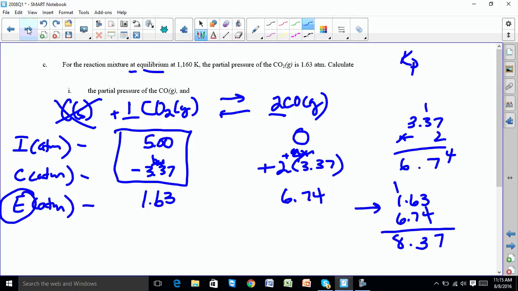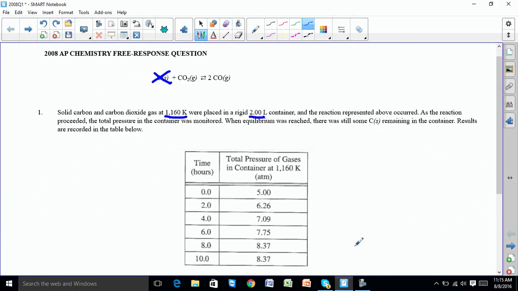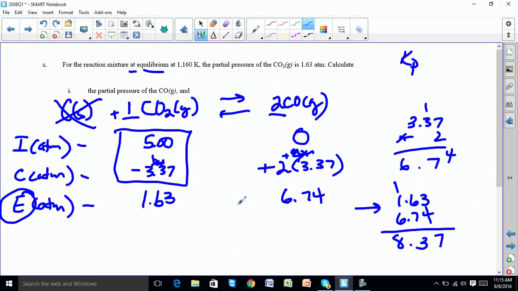If you go back to this chart, this makes perfect sense. What is the equilibrium gas pressure? 8.37. Now, the reason I like my way better is because it uses this 1 to 2 mole ratio, and it's how you normally do ICE charts.